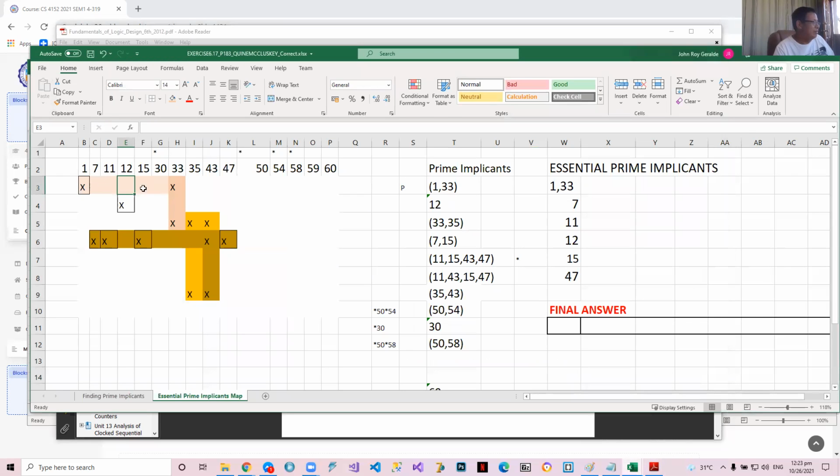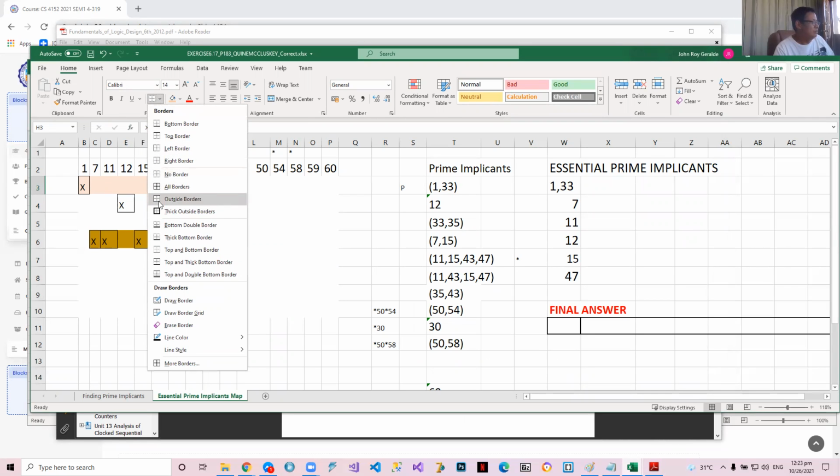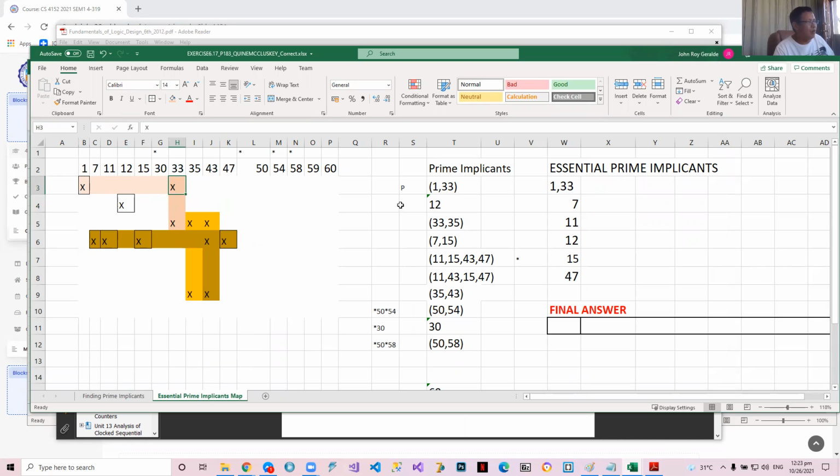So this should be included. This should be an essential prime implicant also. So they are paired, 133. Now, 7 is an essential prime implicant because it's alone here. So where do we consider a prime implicant? These are also essential.